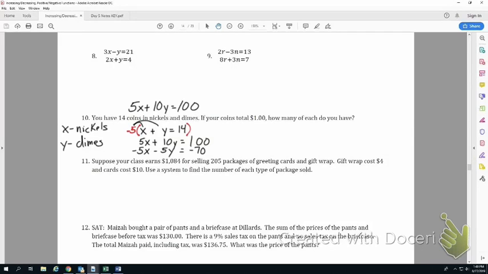Now I can do the elimination process. My 5x's cancel. 10 minus 5 is 5. 100 minus 70 is 30. So that tells me that I have 6 dimes.